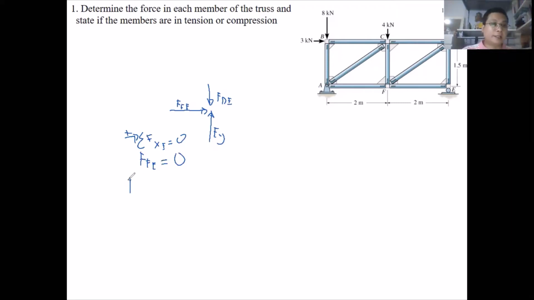And then we go to sigma Fy at E. So we have Y and FDE equal to 0. So Y equal to 0.